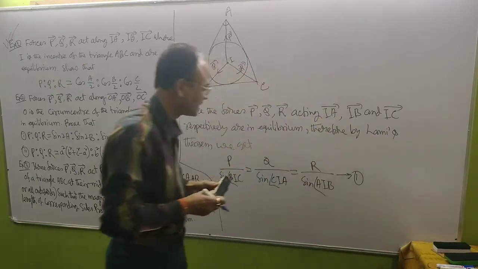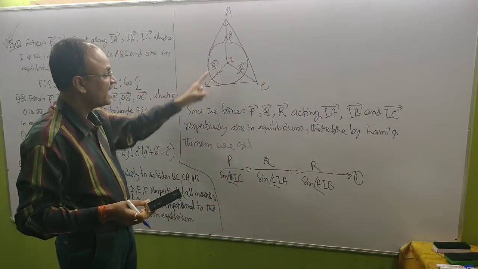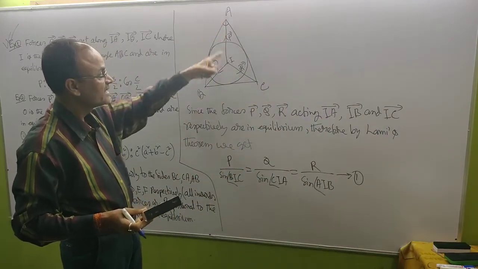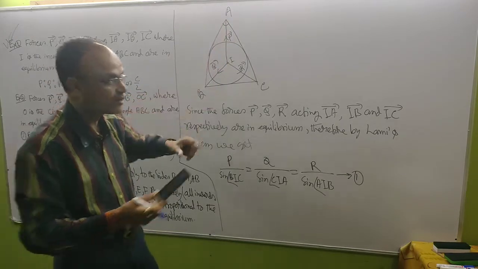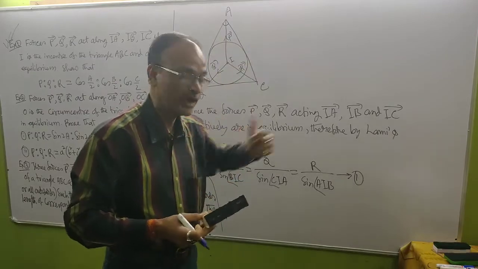Now, IA, IB, IC divide the angles, bisect the angles, divide each angle into two equal parts.